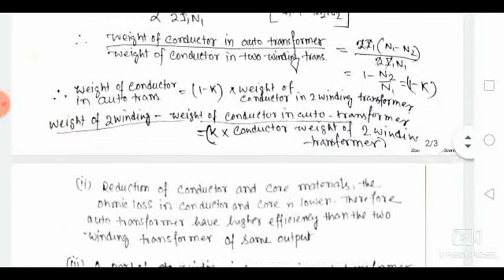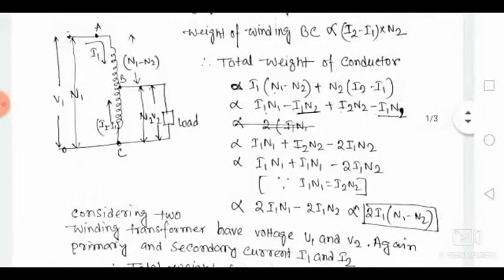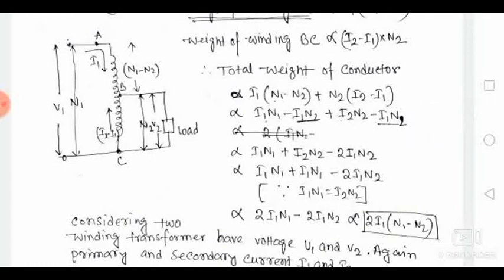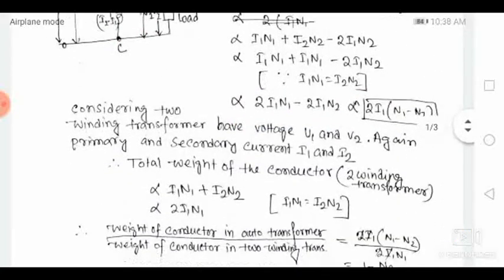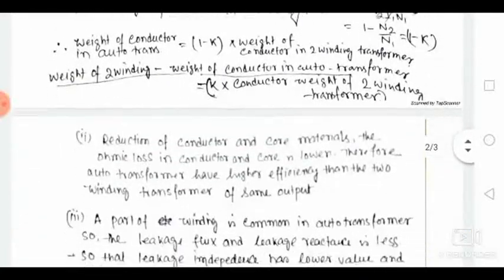Now as you know, in the auto transformer some part of the winding is common to both primary and secondary. Again I say some part of the winding is common to both primary and secondary winding.